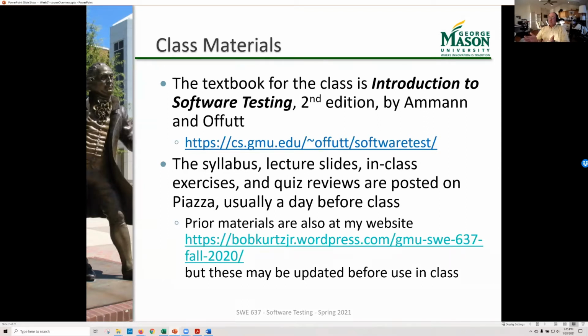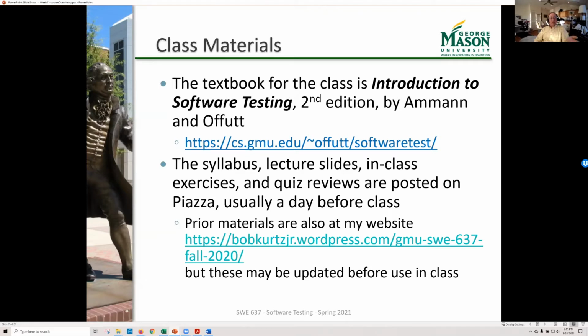So buy the real one, buy the electronic one, borrow it off somebody who took the class last semester, whatever you like. We're not going to be reading out of the textbook in class, but I think you will want that as a resource.